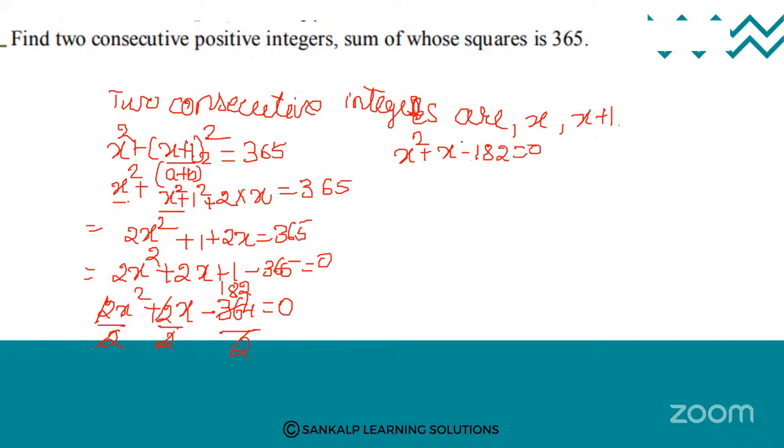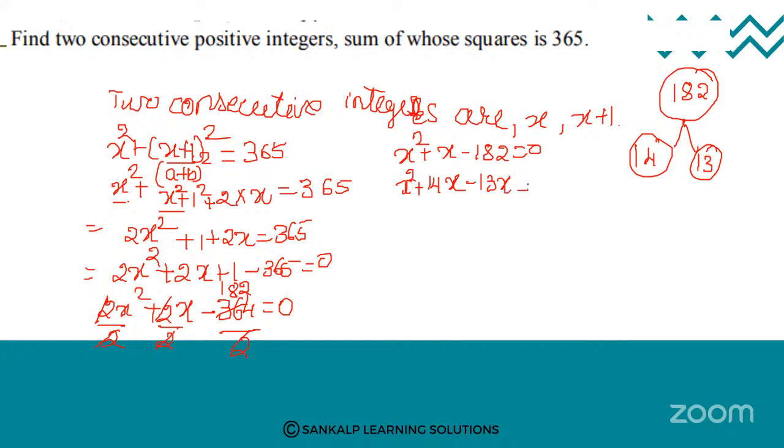Now, by using factorization method, a into c is 182. So product should be 182 and the difference should be 1, whether we add or subtract, 1 should come. So that means 13 and 14. 14 13s are 182. So 14 minus 13 is x. x square plus 14x minus 13x minus 182 is equal to 0.